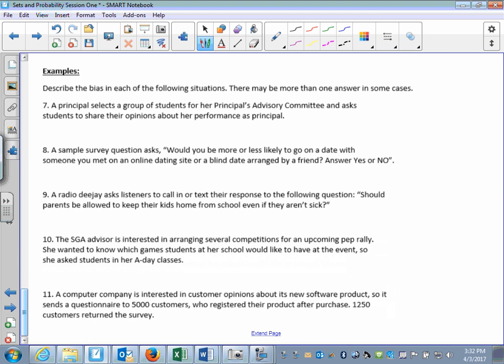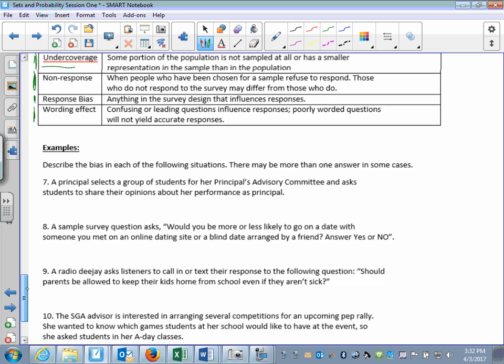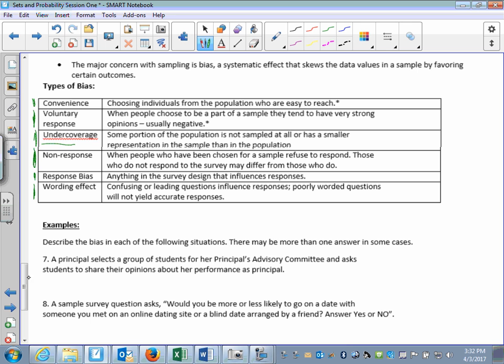Number 11, a computer company is interested in customer opinions about its new software products. So it sends a questionnaire to 5,000 customers to register their product after purchase. 1,250 customers returned the survey. This might be response bias or non-response bias, when people who have been chosen refuse to respond, and there's a lot that didn't respond.